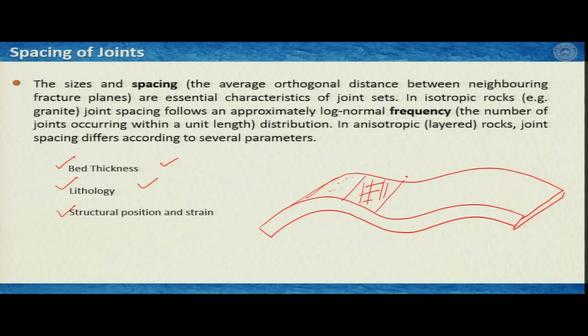And in this case this is a cylindrical fold. If the fold is non-cylindrical, then you may also expect different types of joints and variable spacings.